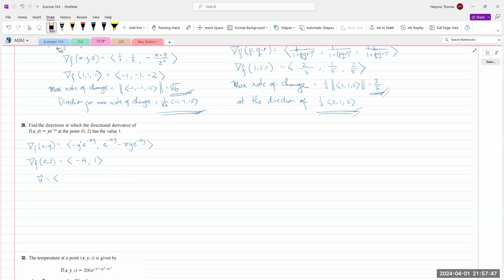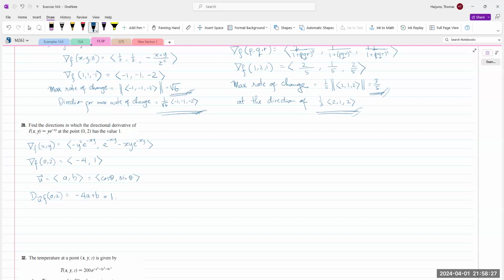I need that to be 1. It's (a, b) such that the directional derivative in the direction u of the function at (0, 2) will be negative 4a plus b. Now I need this to be equal to 1. Let's call that (a, b) to be (cosine theta, sine theta).